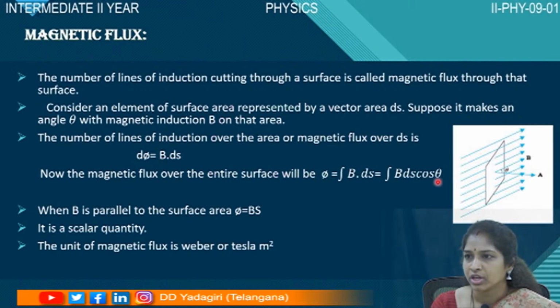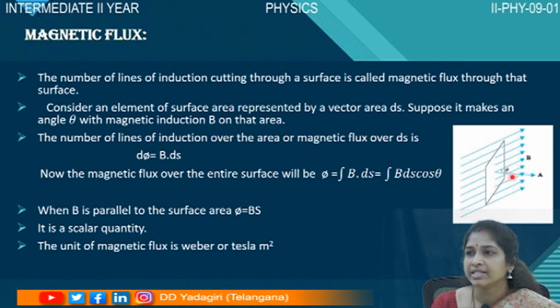It is 1. So we get phi is integral of B ds, so we get BS. When there is no angle, when theta equals 0, the flux is maximum, which is BS.